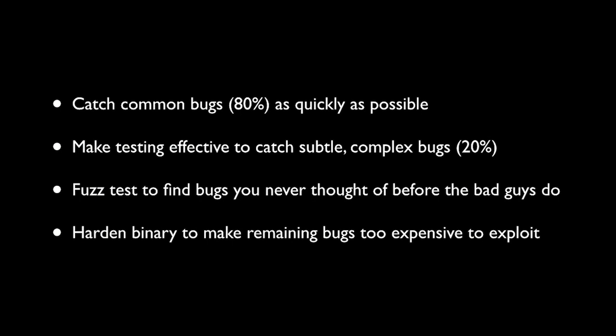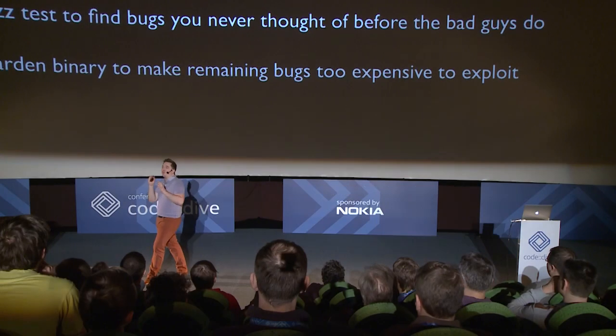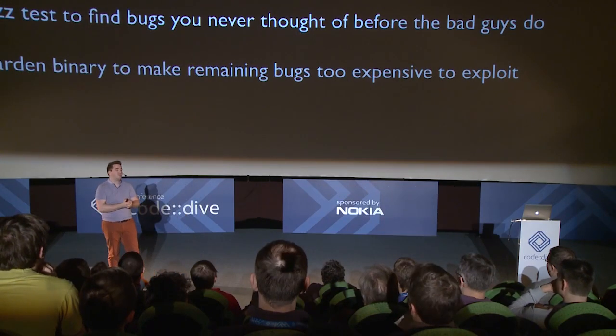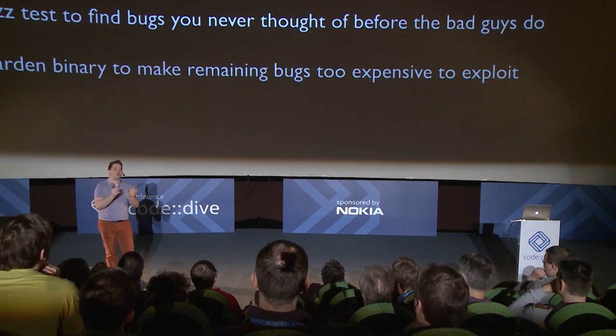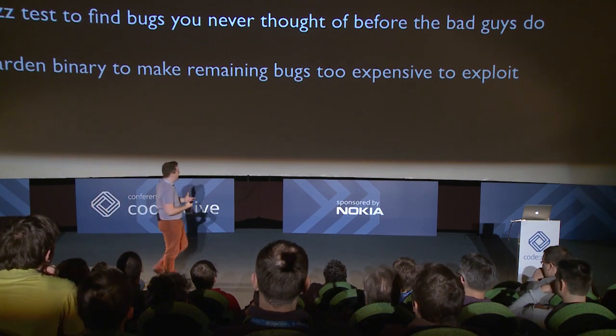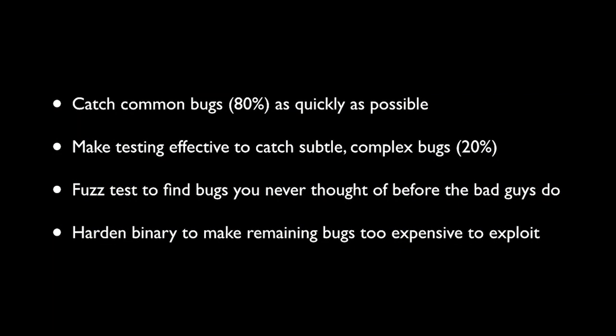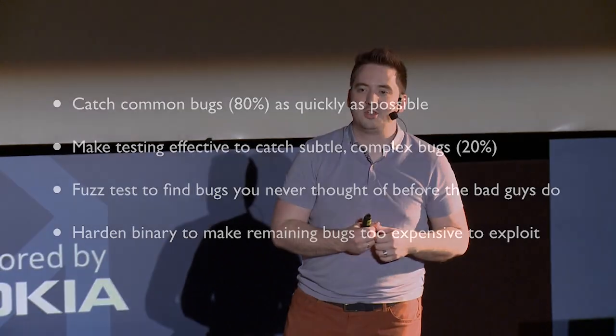Next, we need to use fuzz testing to find all of the bugs we never thought to write a test for, that we never even had a way to write a test for. This covers the bugs you didn't even think could be there. And finally, we need to use hardening to actually prevent exploits of the bugs that all three of these still managed to miss.